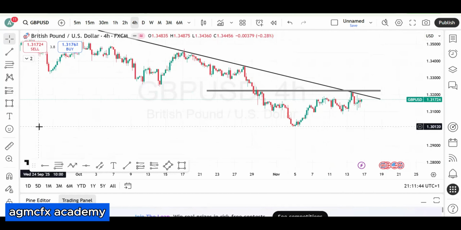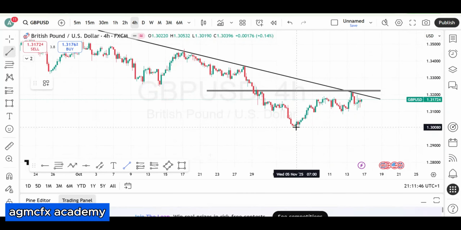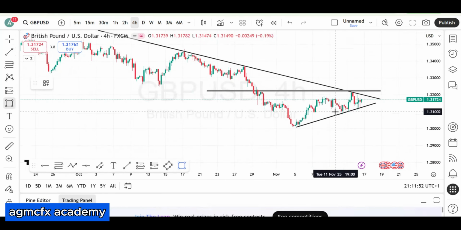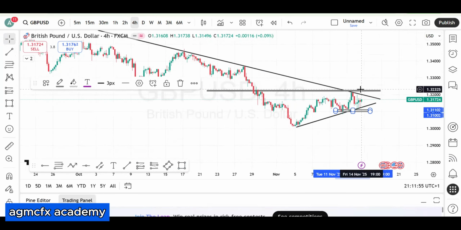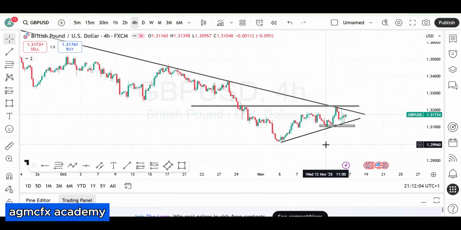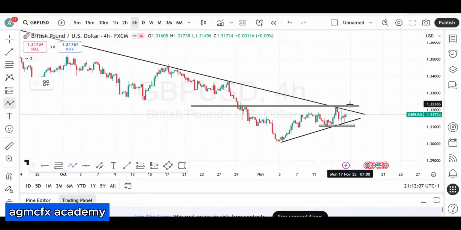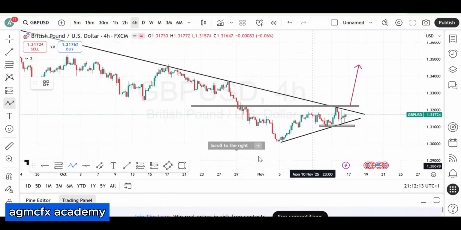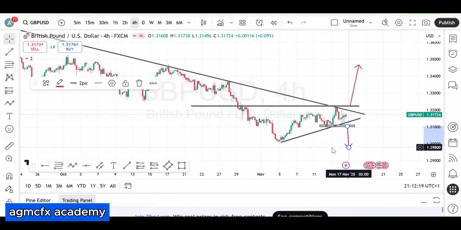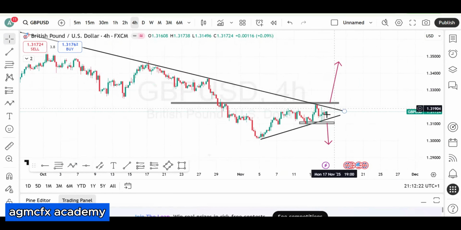Okay, so we can also see a counter trend here, which is a bullish trend. So the market maintains this level as a support zone and this level as a resistance zone. So we cannot see anything until the market breaks either above this resistance zone, and we'll see the opportunity to buy. And if it breaks below, then we'll be looking for an opportunity to sell. So for GBP/USD, we are still waiting for a market direction for this week.